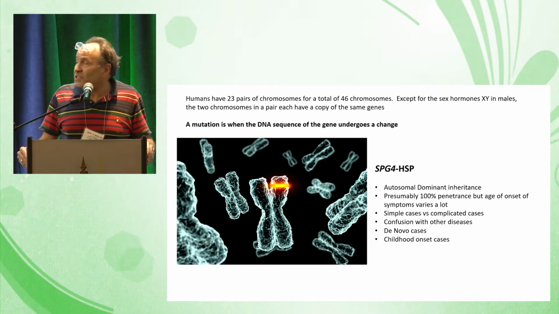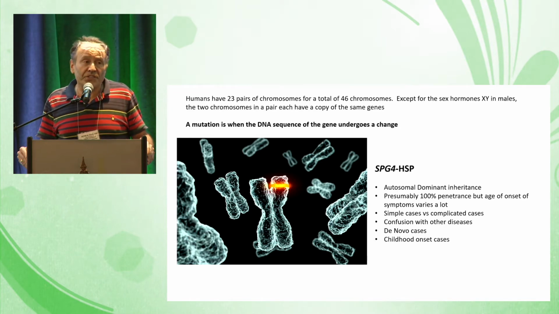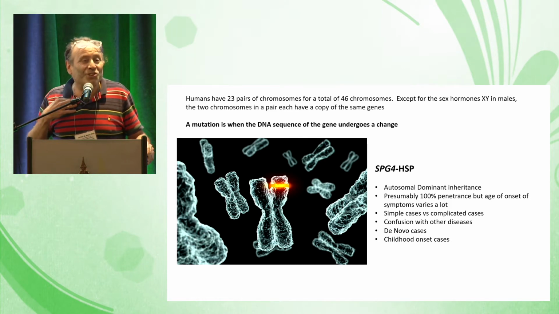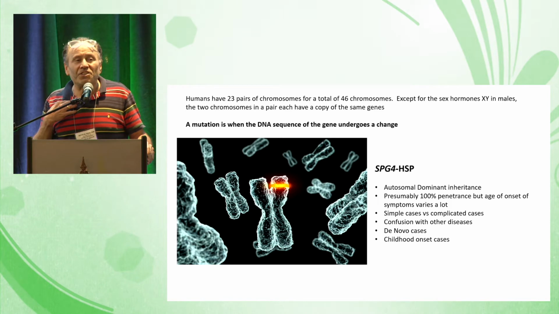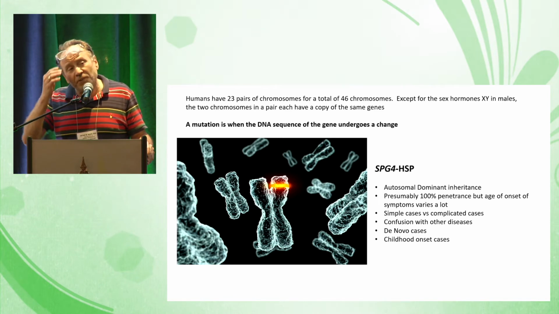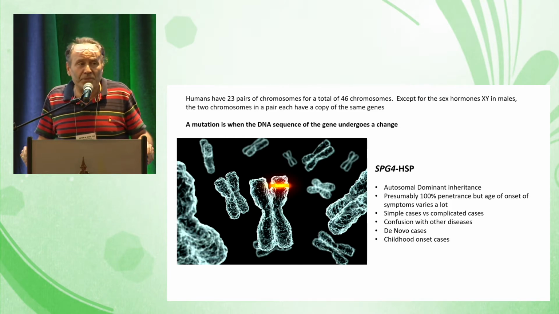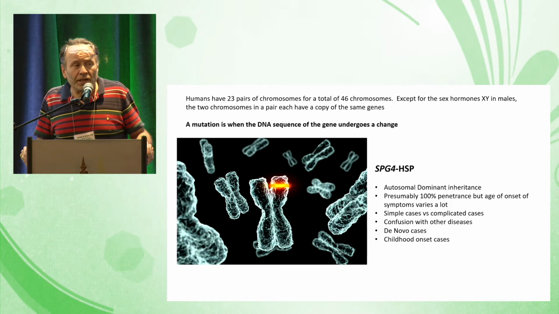Another thing is the confusion with other diseases. If you can't read this writing, it's too small, don't worry about it, I'll talk you through. So I had a phone call a while back from a mother from Michigan, and her son is 16 years old, and he'd always been diagnosed as having cerebral palsy.